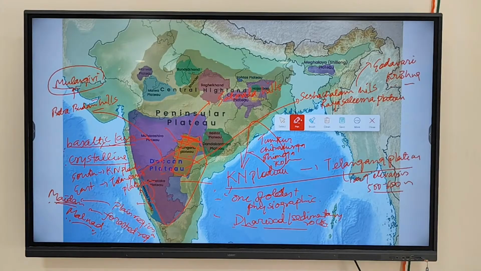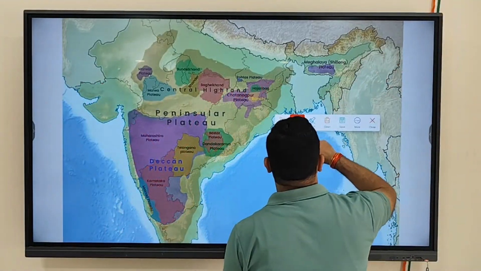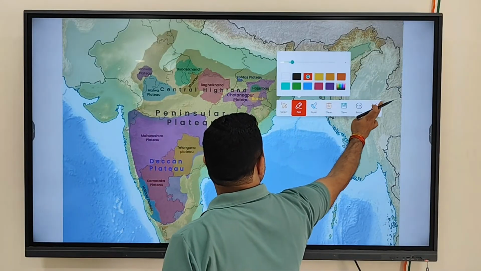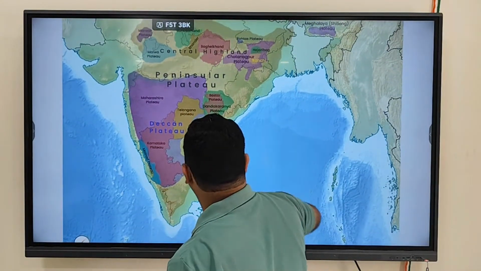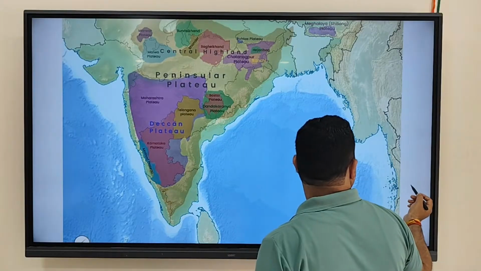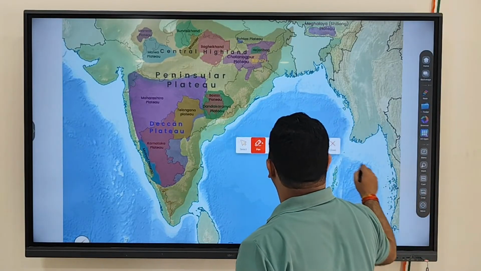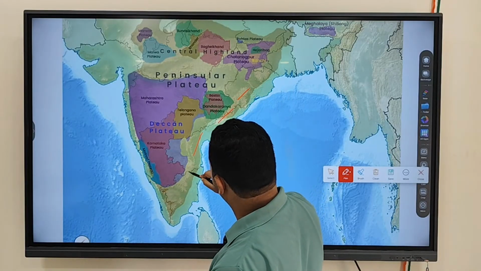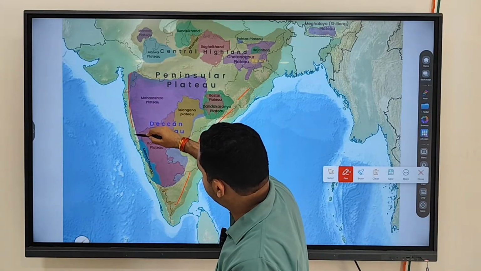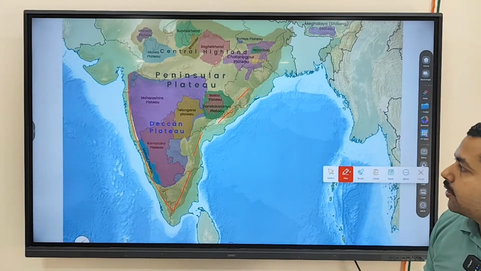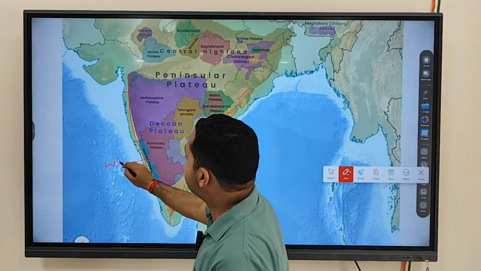Fine. Lastly, you have which Ghats? Western Ghat and Eastern Ghat. So the last division that you have is Western Ghat and Eastern Ghat. Like this, you're going to find this is the Western Ghat and this is the Eastern Ghat.